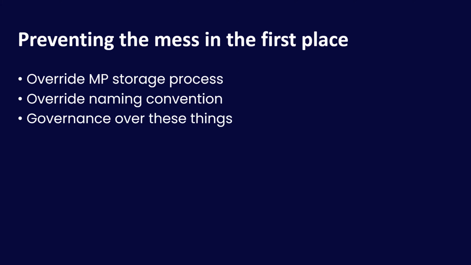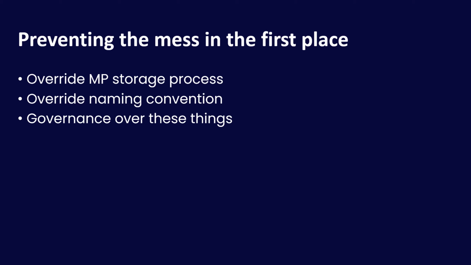And ultimately then governance over all of these things. So in other words, if your convention is we create management packs for every piece of monitoring by management pack or by scope, then whatever it is, it needs to be documented. Everyone needs to stick to it, and the naming convention needs to be followed, which is the governance piece.